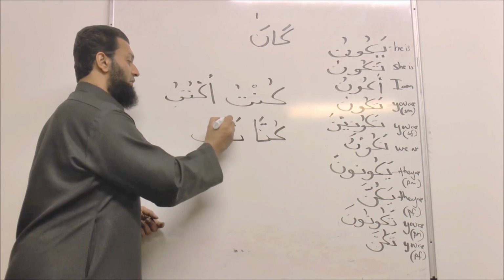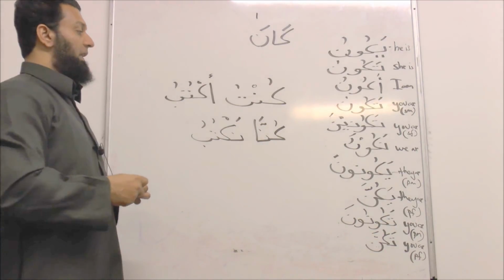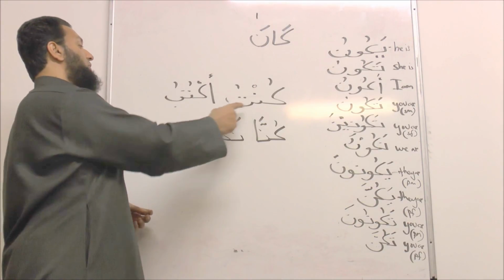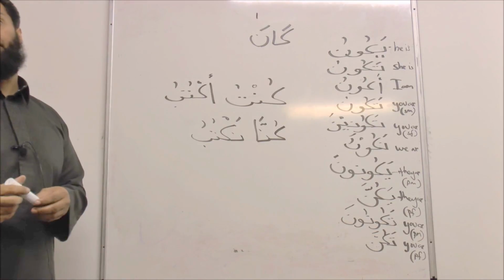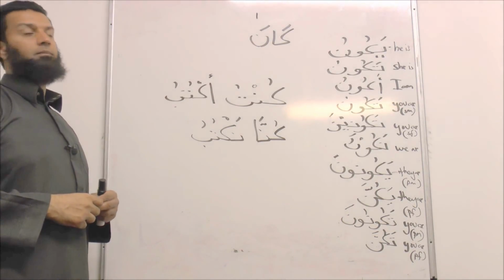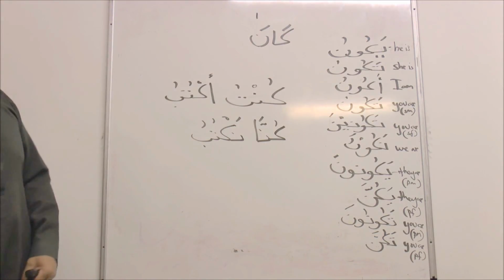Okay, and so on and so forth. Right? But this is very important because it's very common, the use of kunta or kana before a verb in the present tense. Right, Arjan? So is that clear? Right.